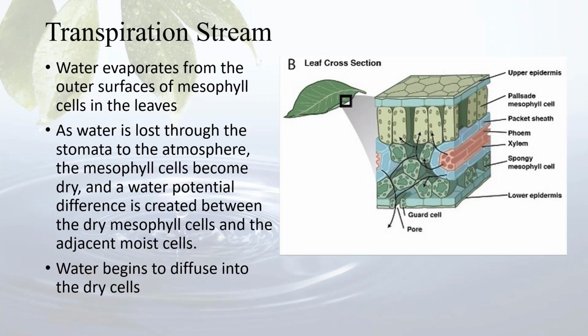So at our leaves here, our stomata are open, and that's causing water to evaporate out into the atmosphere, or transpire. That's going to dry up these cells, and as those cells start to dry, water from the adjacent moist cells is going to diffuse into those dry cells.